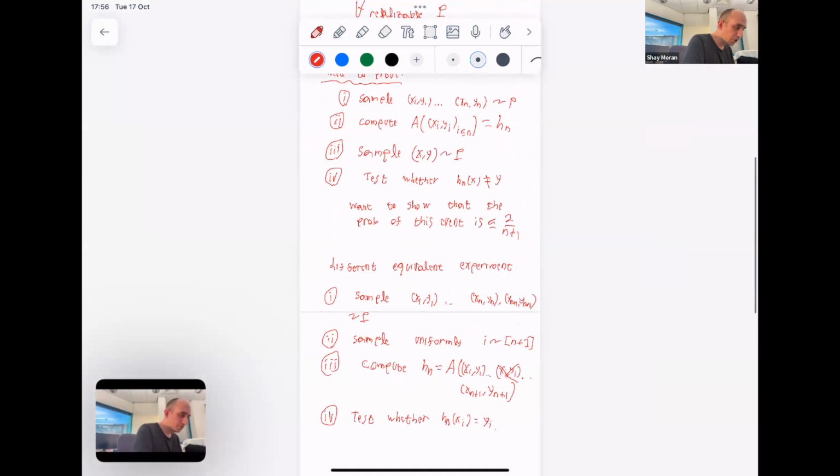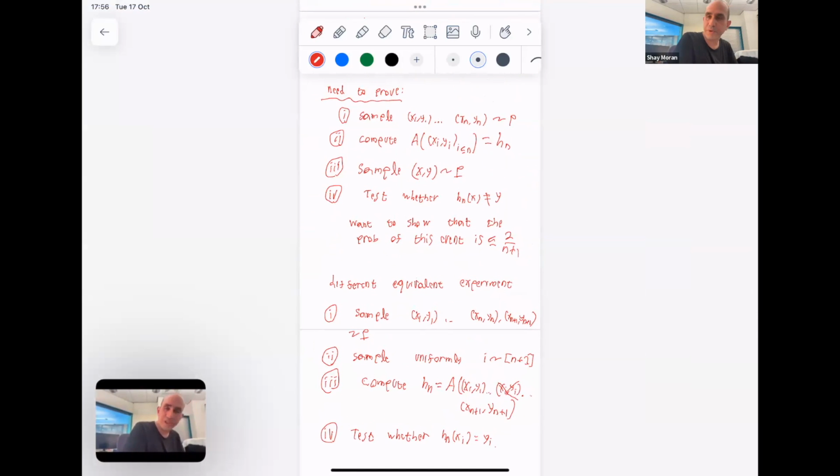So do you agree that these two statistical experiments are equivalent? The expectation of the events written in item 4 are the same. The probability that the event in item 4 holds is the same.